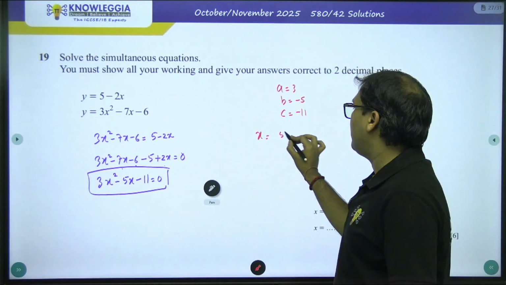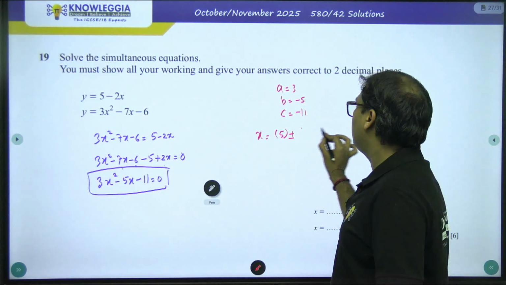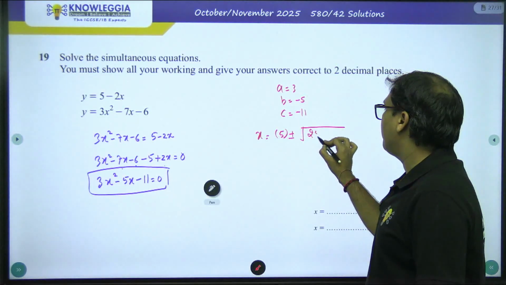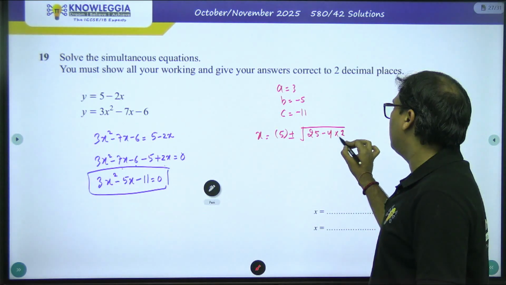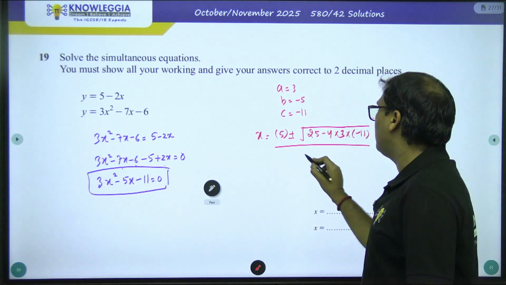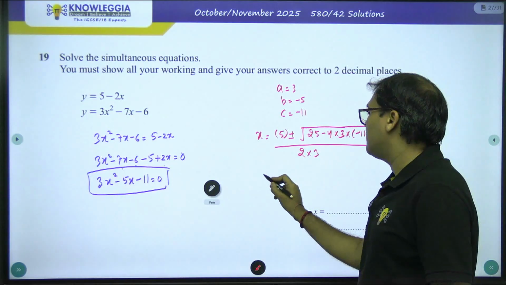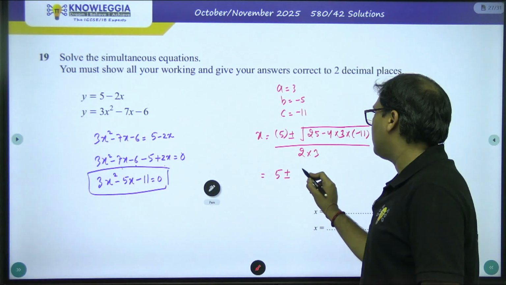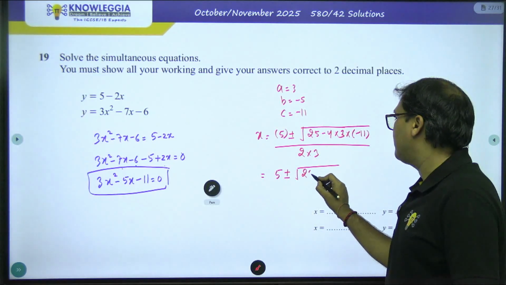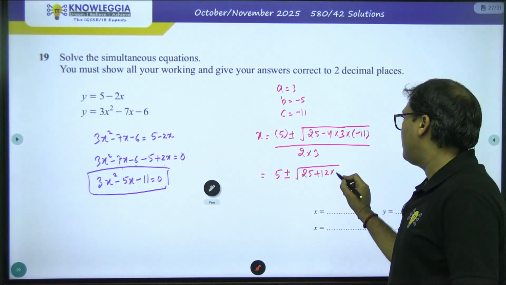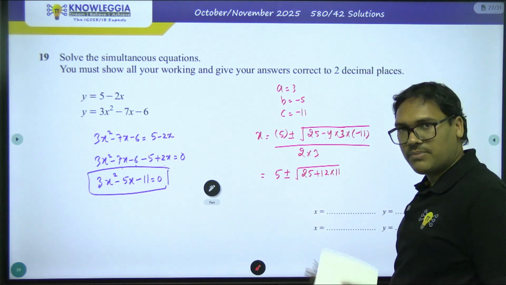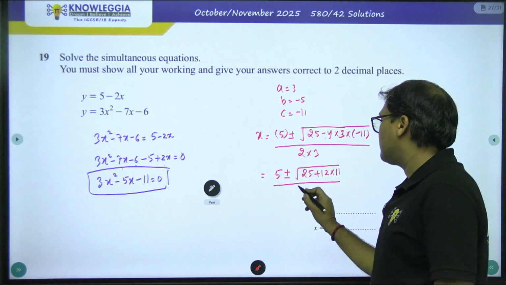Minus B, so this is 5 plus minus root of B squared, that is minus 5 squared, 25, minus 4AC, and C is minus 11, upon 2A. 2A, A is 3, so this is 5 plus minus root of 25 plus 12 into 11, negative 4 times 3 is 12, and negative 11 into negative will become plus 11, upon 6.